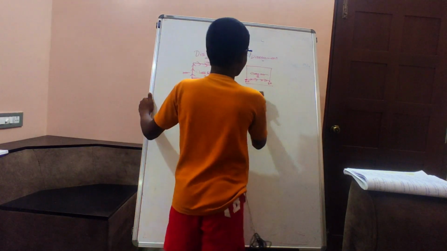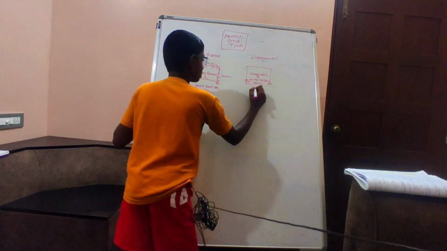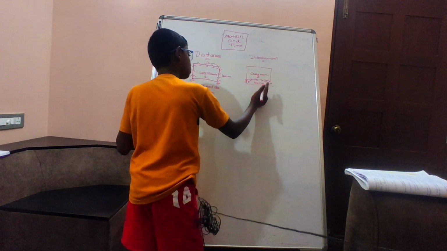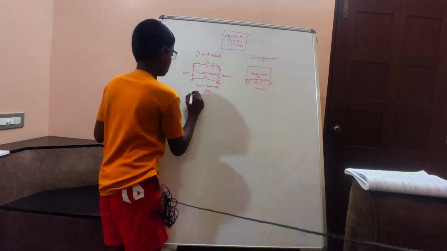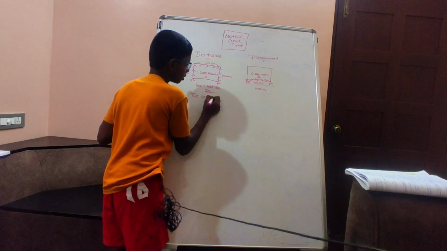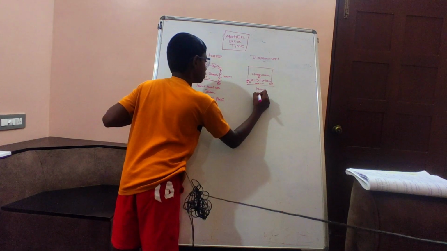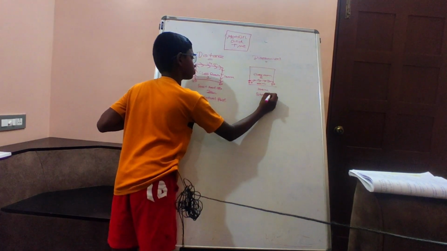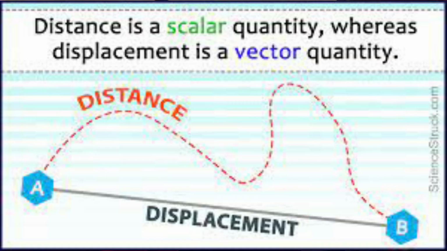But when we look at the displacement, it's just 100 meter. So this is the actual path and this is the shortest path. Hope you guys understood what is displacement and distance.